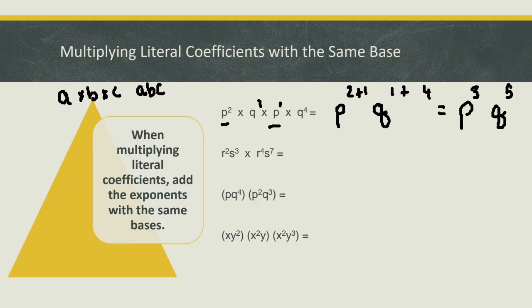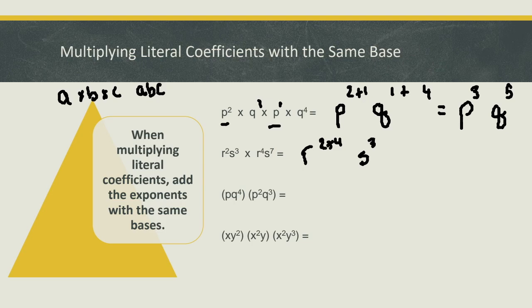But let's look at the second one. So we have r squared s cubed times r to the 4 s to the 7. So for my r, I have a 2 plus a 4, and for my s, I have a 3 plus a 7.